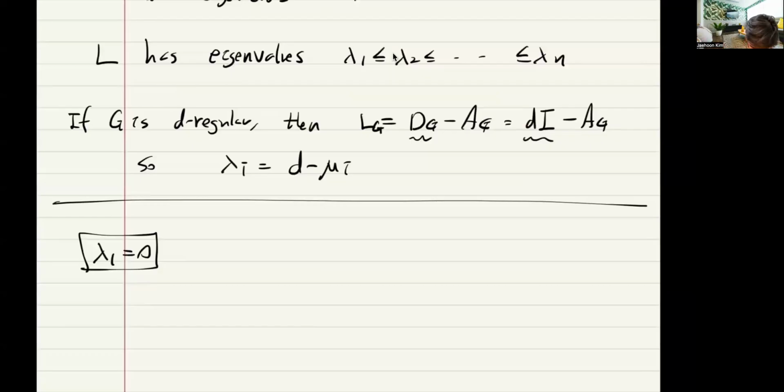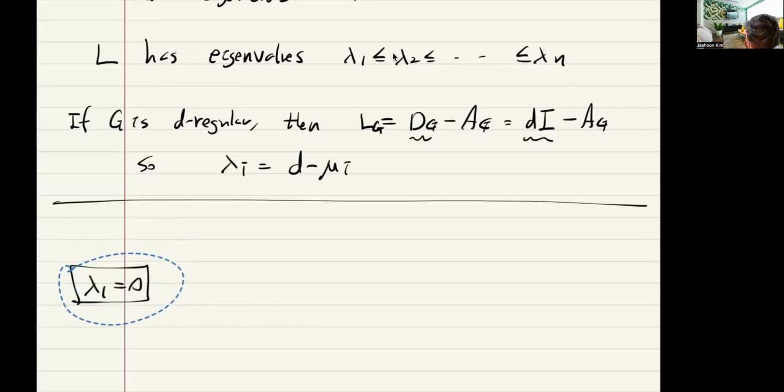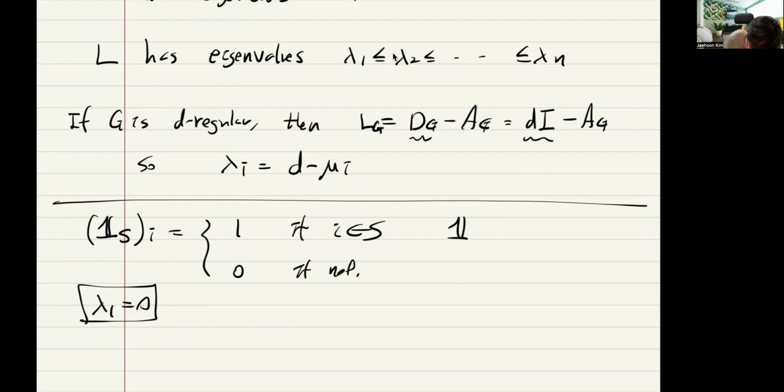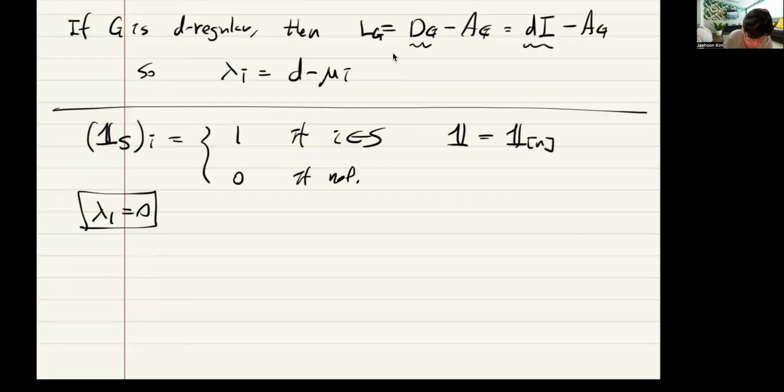Let 1 sub S be the characteristic vector, or indicator vector, of S, whose i-th coordinate is 1 if i is in S and 0 if not. And let's write 1 as the indicator vector for everything.